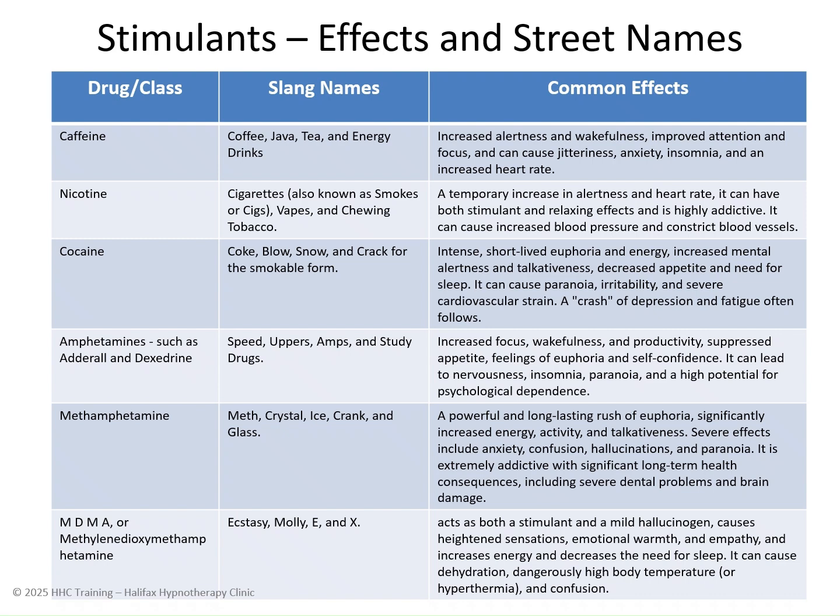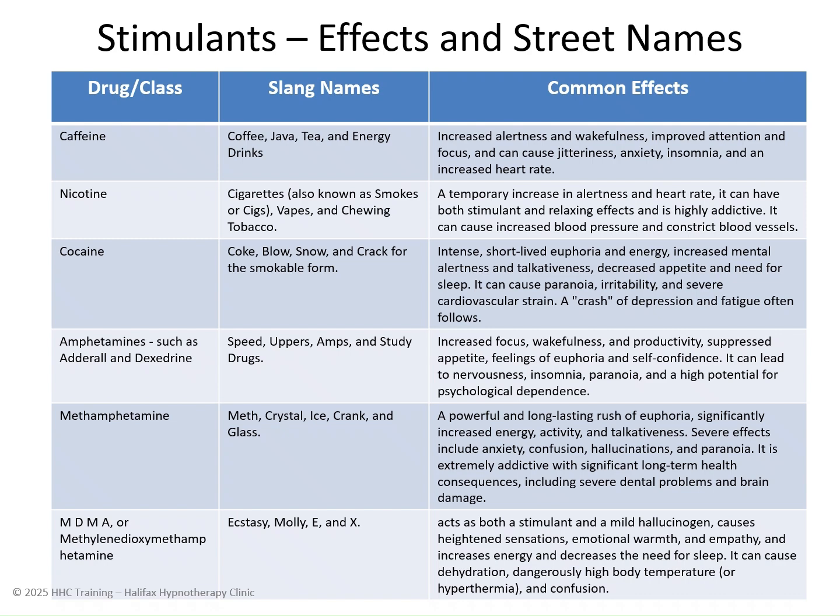For methamphetamine, slang names include meth, crystal, ice, crank, and glass. Common effects include a powerful and long-lasting rush of euphoria, significantly increased energy, activity, and talkativeness. Severe effects include anxiety, confusion, hallucinations, and paranoia. It is extremely addictive with significant long-term health consequences, including severe dental problems and brain damage.